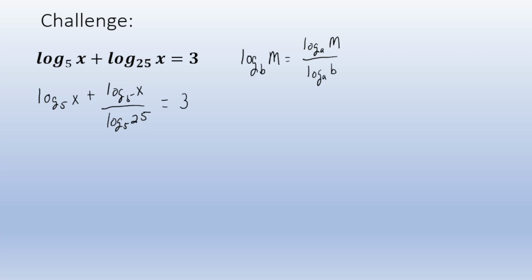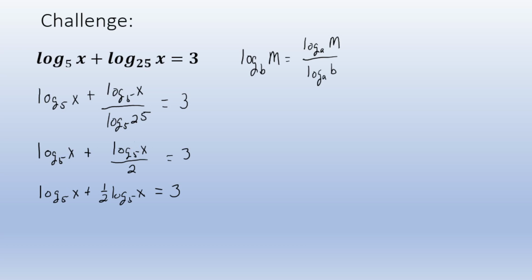Note that in the denominator, the log base 5 of 25, we can evaluate that. Since 25 is 5 raised to the second power, that makes our equation the log base 5 of x plus the log base 5 of x over 2 equals 3. Log base 5 of x over 2 is nothing more than just 1/2 times the log base 5 of x.